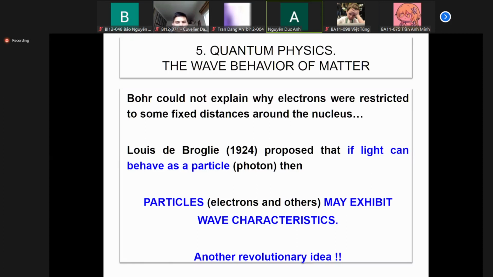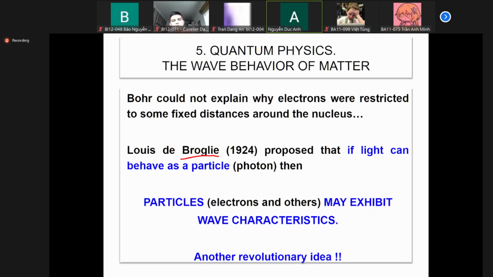For quantum physics, it actually did not start with Bohr, but started with Planck and Einstein from the very beginning of the 1900s. Einstein says that light has the property of particles, as photons, in the case of the photoelectric phenomenon.